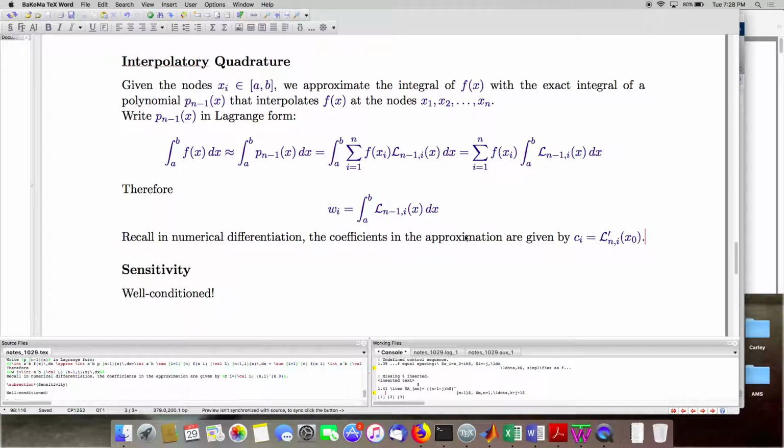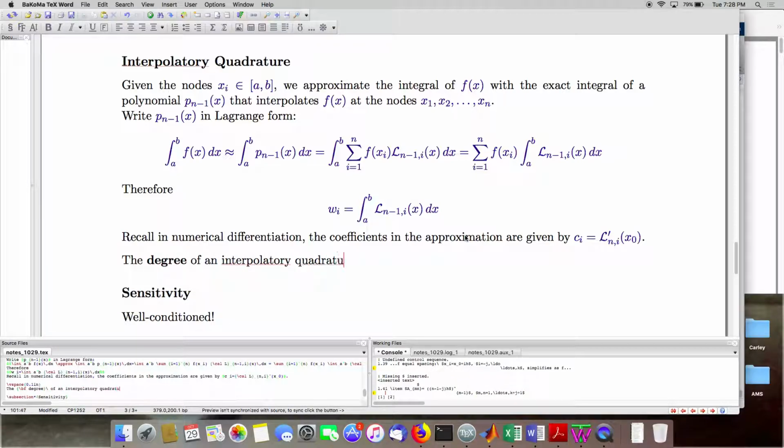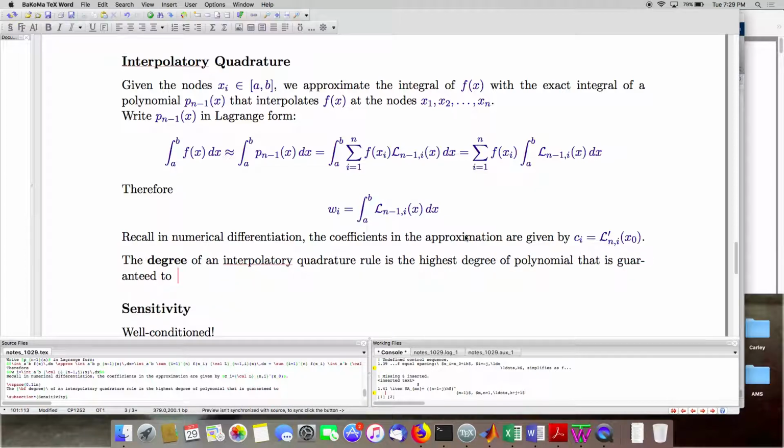So there's one important term I need to define, and this will come up quite often. The degree of an interpolatory quadrature rule is the highest degree of polynomial that is guaranteed to be integrated exactly.